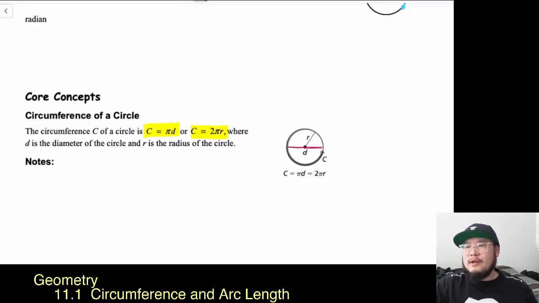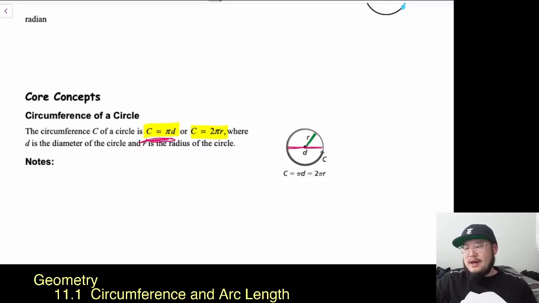And then we have 2 pi r, which is 2 times pi times the radius. Now, in good practice, do not use 3.14 in your calculator. You're going to use that pi button, especially because you have access to a scientific calculator or the Big Ideas calculator. So make sure you use that.